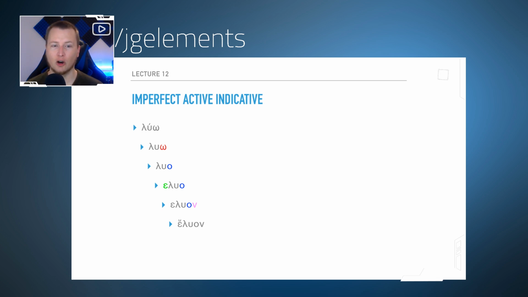And the omicron is the connecting vowel. The stem is lu. Okay? We take lu, we add the omicron connecting vowel, and we take the augment epsilon at the beginning, elu, and then we add the secondary personal endings. In this case, a nu.